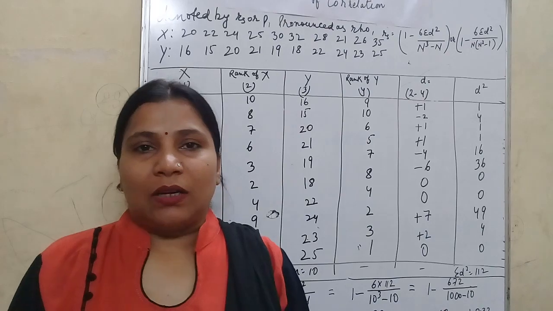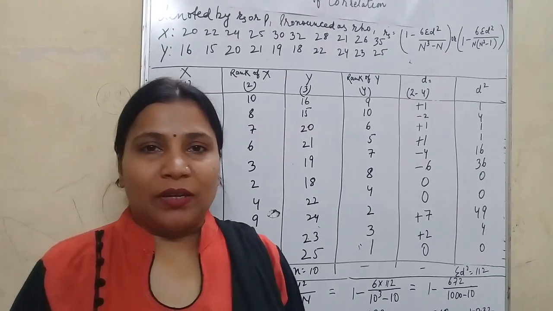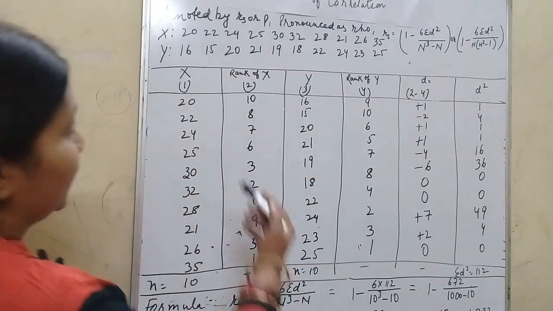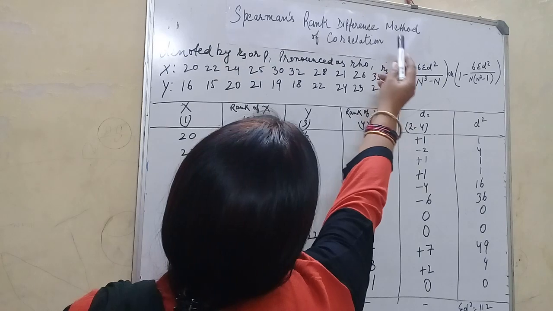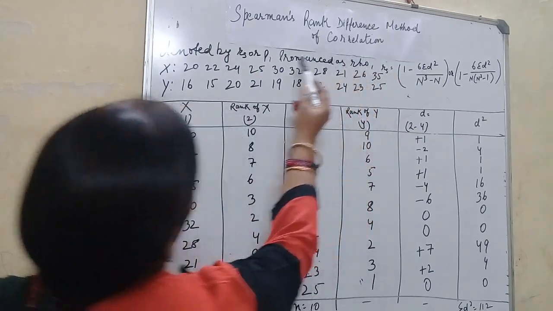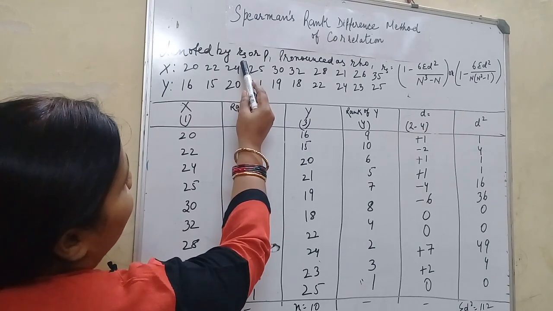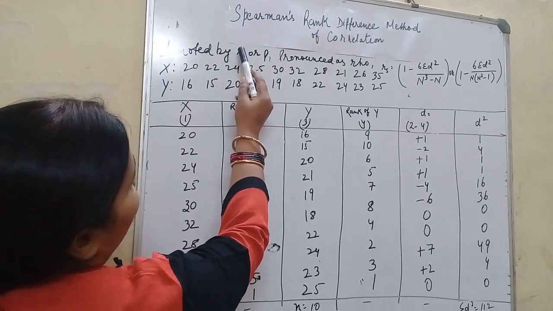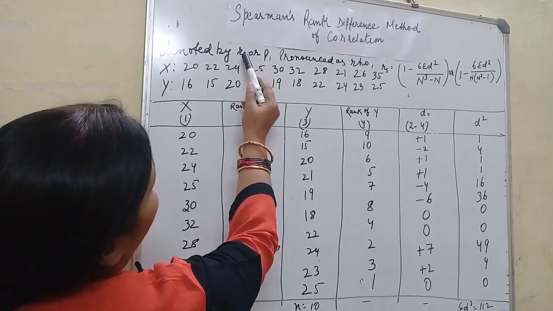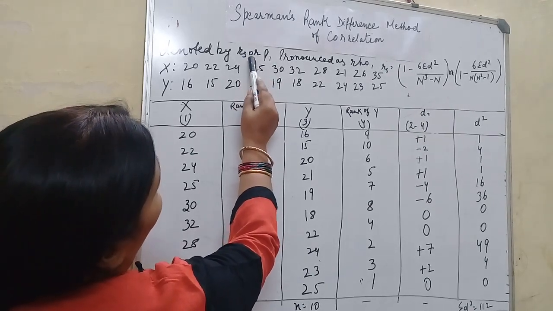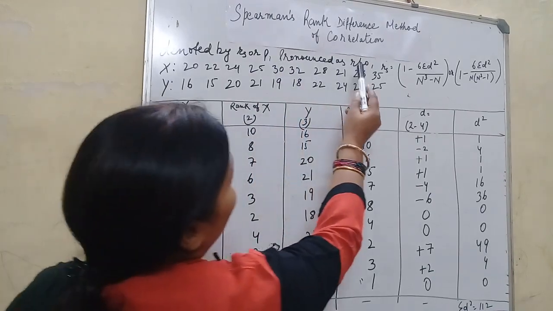Now I would explain this method one by one. Follow me. Here I write down Spearman's rank difference method of correlation, which is denoted by RS. R means rank correlation and S means Spearman, or we can write it as rho.